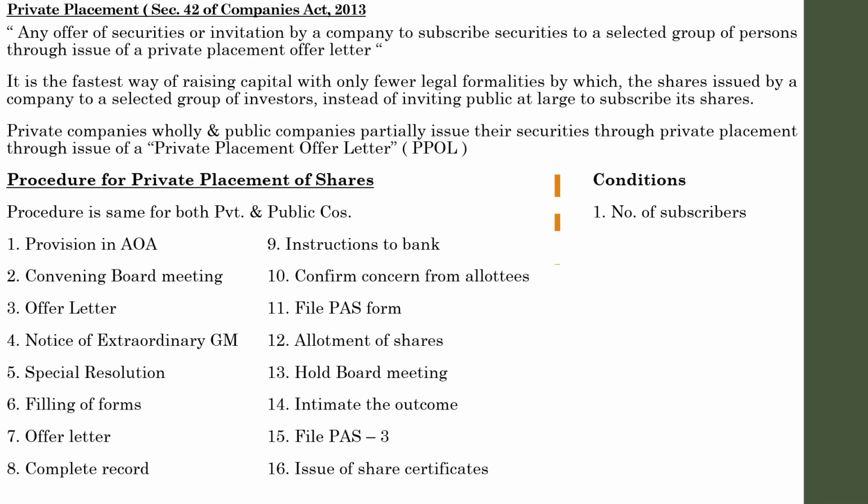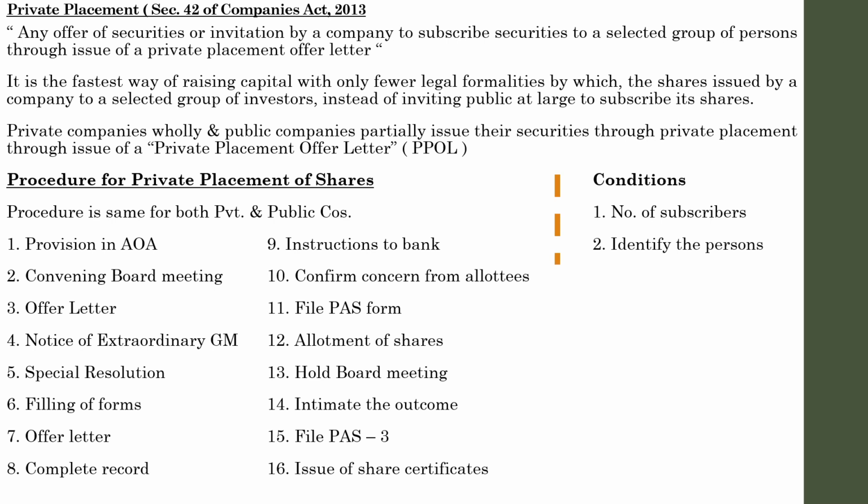Remember, the number of individuals to whom the shares can be allotted is 200 people. No more than 200 can be entertained. No public announcement of such offers can be made, because as the name suggests, it is a private placement, not a public offering. So no announcement should be made, and it should be within 200 subscribers.